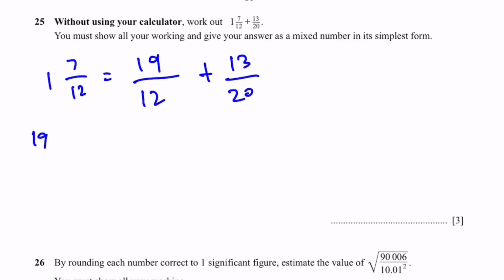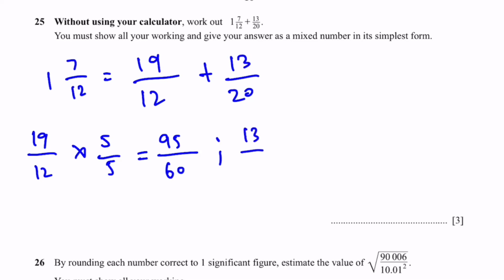So 19/12, we can multiply both numerator and denominator by 5 to get 95/60. And then 13/20, multiply both by 3, is equal to 39/60. Now both denominators are the same.